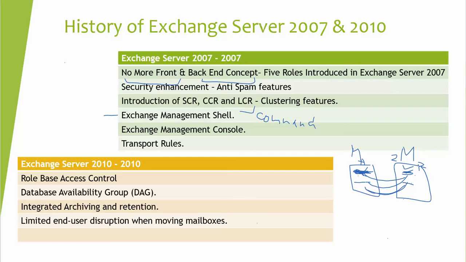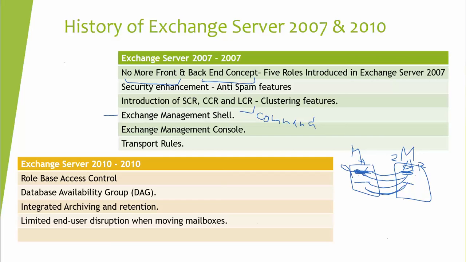So this database was sending a heartbeat and asking the active one, are you alive, are you alive? For example, if this database goes down or gets corrupted, it is not going to respond, and if the passive database doesn't get any response, it will think that the other one is down or something happened, so it will become active.